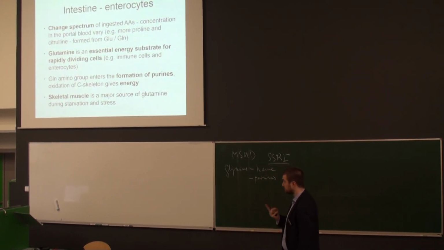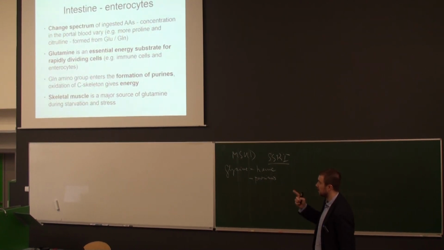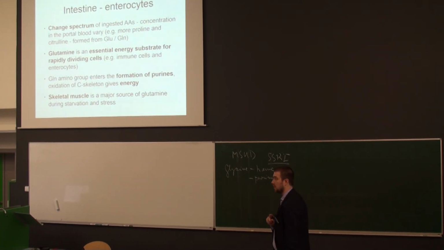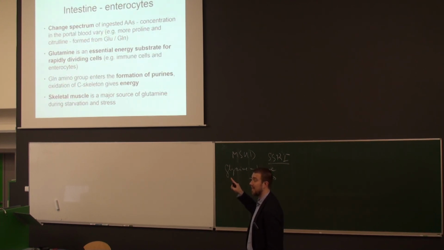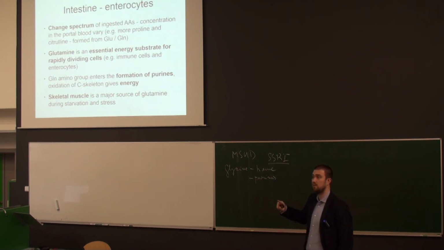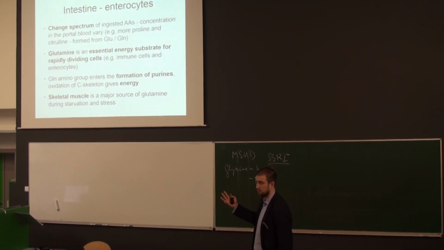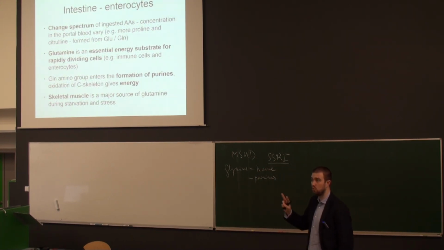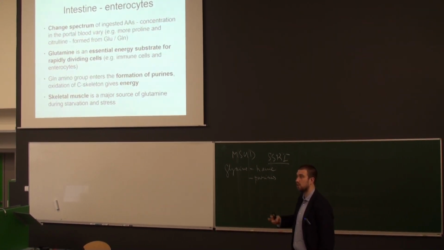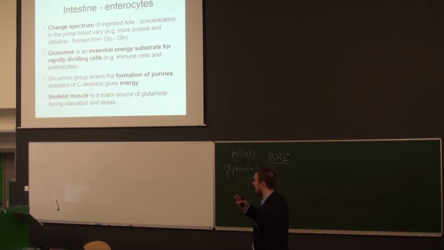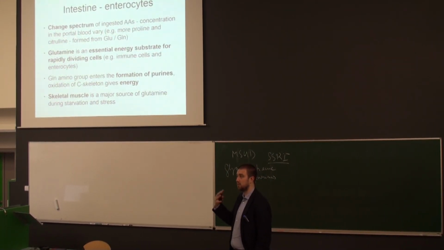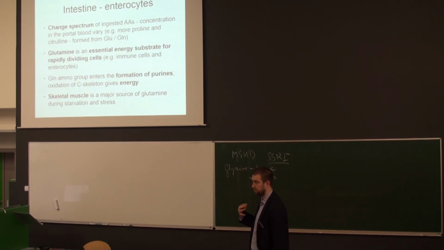And second, as you will learn in the next course, the amino group of glutamine is important for the production of nucleic bases. And rapidly dividing cells, of course, must have adequate production of nucleic bases. That means in one glutamine molecule you have two good things for rapidly dividing tissues: a substrate for the production of nucleic bases, and the carbon skeleton of glutamate can be simply utilized as an energy source.